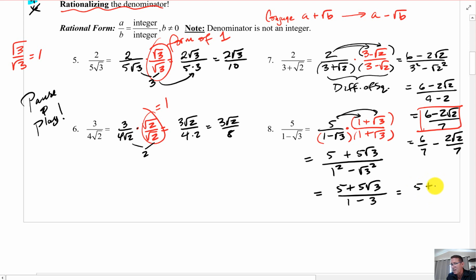All said and done, I get 5 plus 5 rad 3, all divided by negative 2. If you wanted to, you can take negative 5 halves minus 5 root 3 divided by 2, by dividing both terms in the numerator by negative 2. If you want to do that, fine, but like I said, you can just keep it like this. That's fine with me.